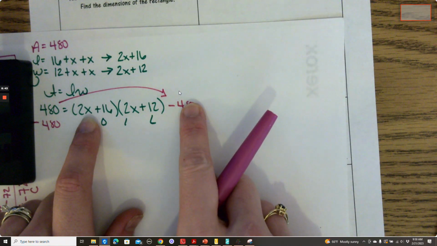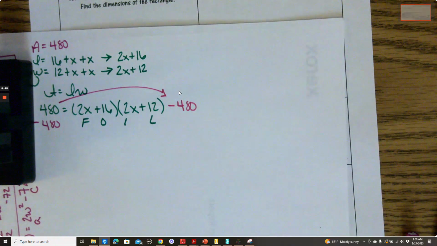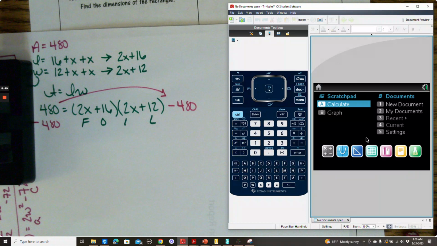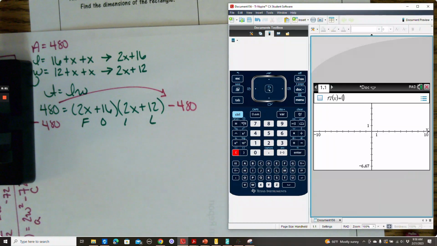When it graphs, it'll simplify stuff for you. So I'm going to try to just type this in where I don't have to simplify it by hand. I just want to use the rough. This is what I know. These are the pieces. So 2X plus 16, 2X plus 12, and let's put all of that in parentheses because we know that's got to get multiplied first before we subtract the 480.